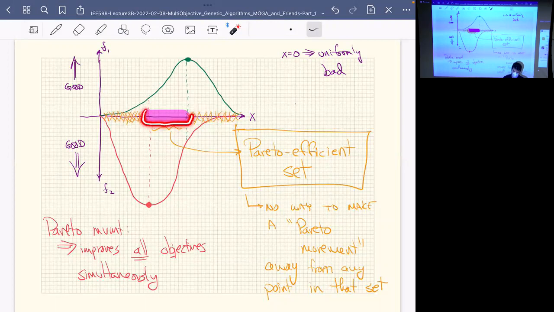This set here is the set of so-called Pareto efficient points, and that means they're all of the points from which there are no Pareto movements. And if you give me lots and lots of optimization objectives, it is a useful computational task to solve for the Pareto efficient set.